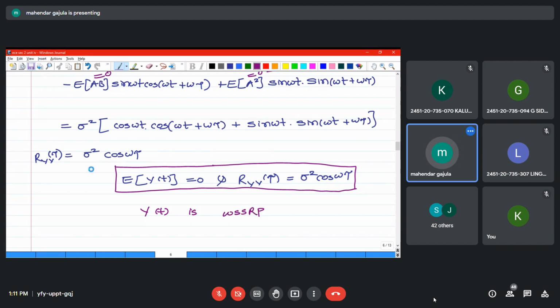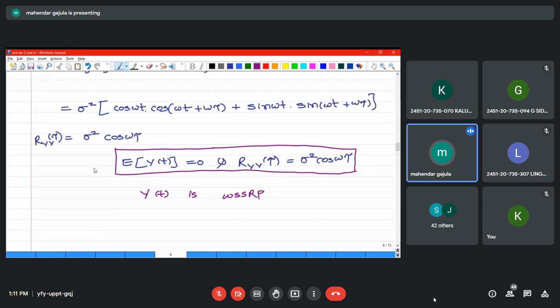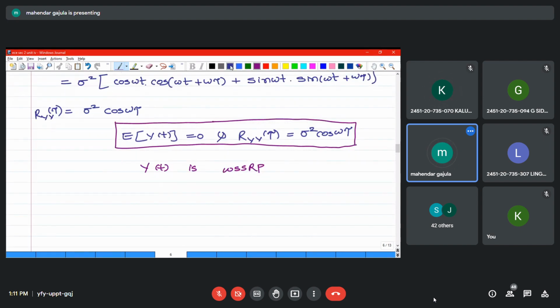Is this enough to prove that xt and yt are wide sense stationary? No, sir. We have to check the cross correlation of xt and yt.